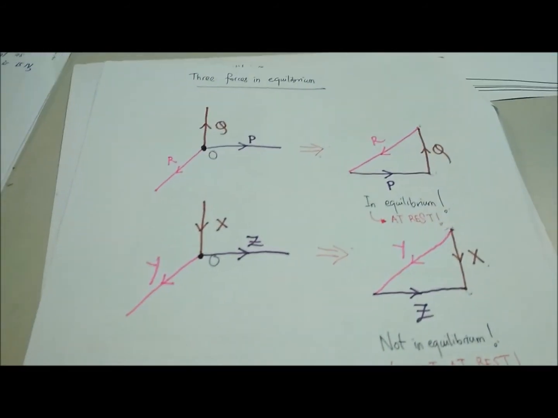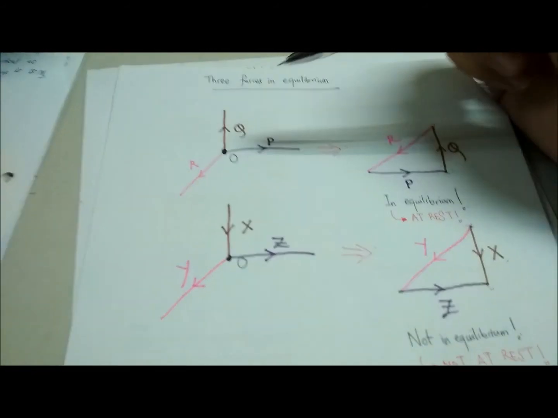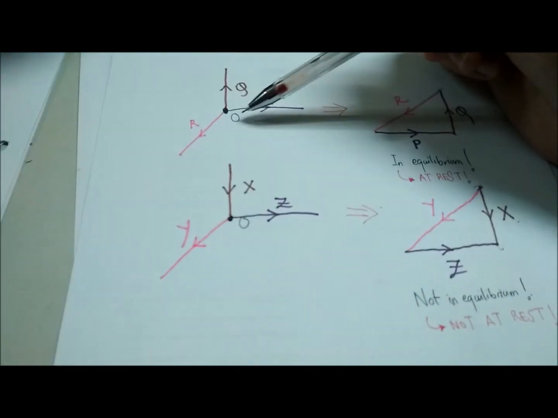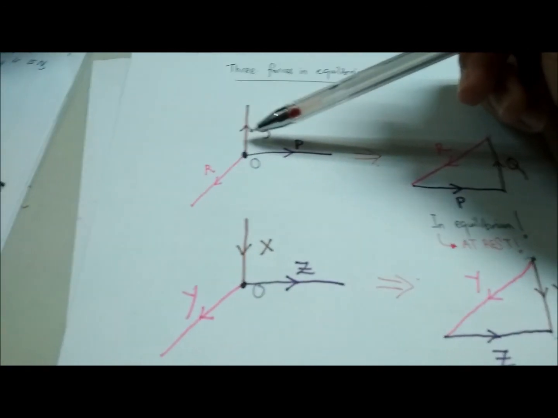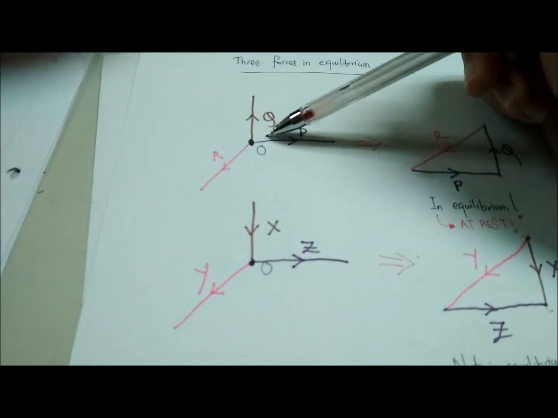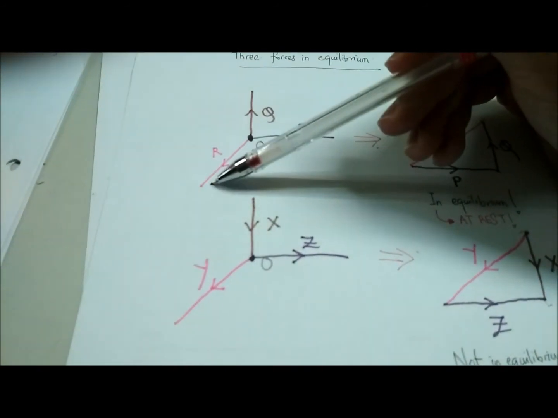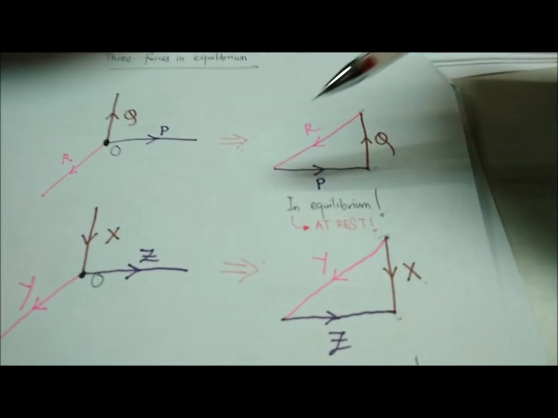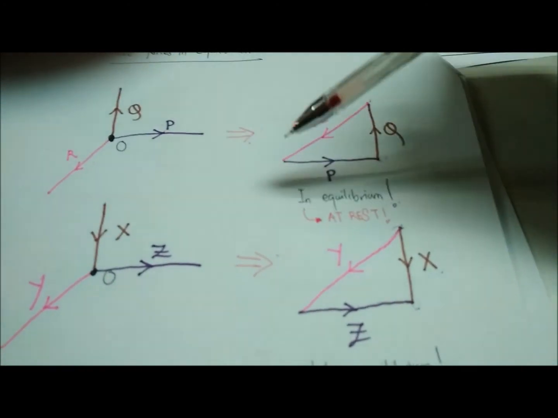Okay, the second thing that you have learned today is three forces in equilibrium. Given that there are three forces acting on object O, let's say Q going this way, P going this way, R going this way, then we combine all these three forces to form a closed triangle.